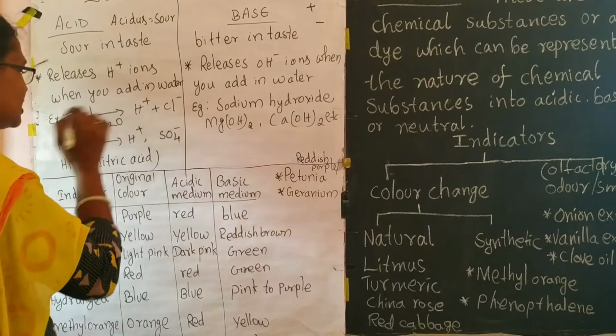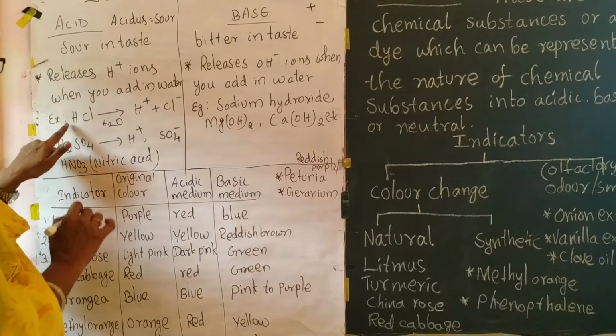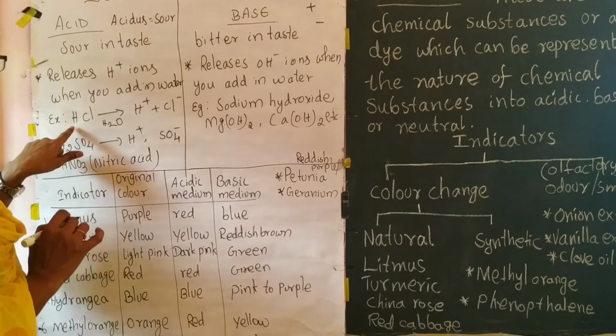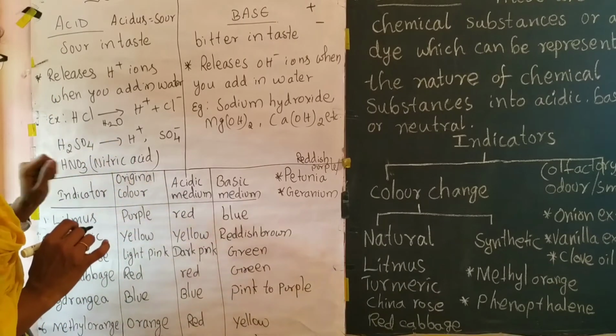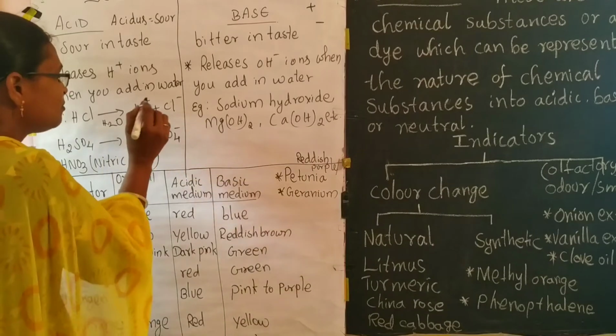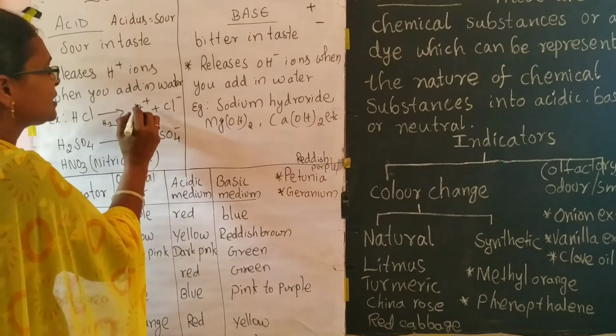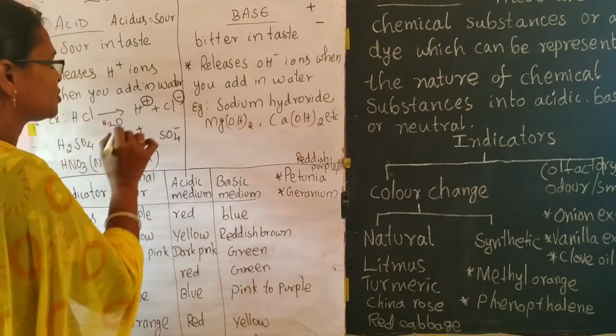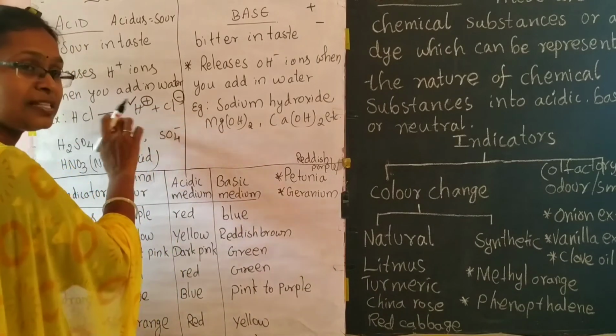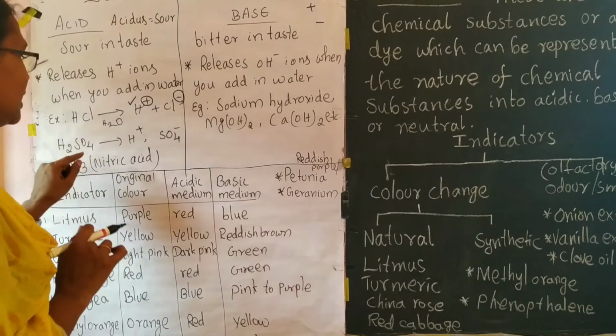The main examples we give are hydrochloric acid, sulfuric acid and nitric acid. In hydrochloric acid, H has a plus charge and Cl has a minus charge. So the presence of this H plus ion is why we consider these acids.